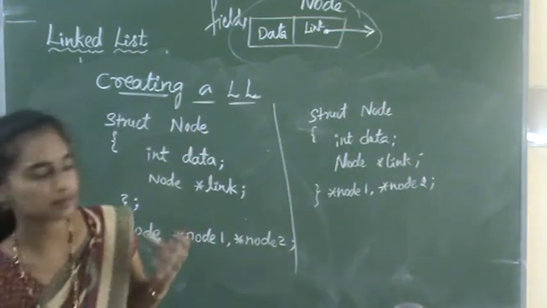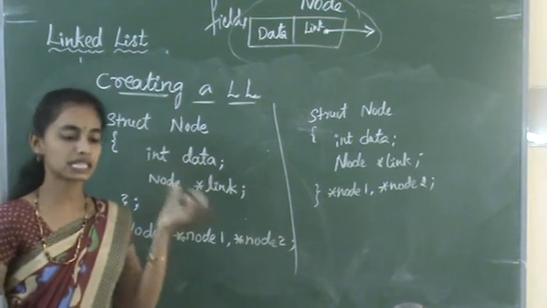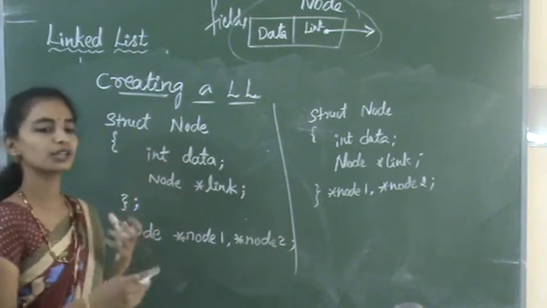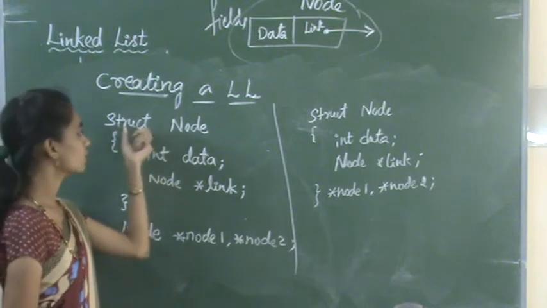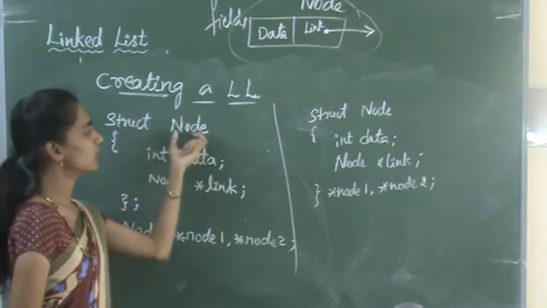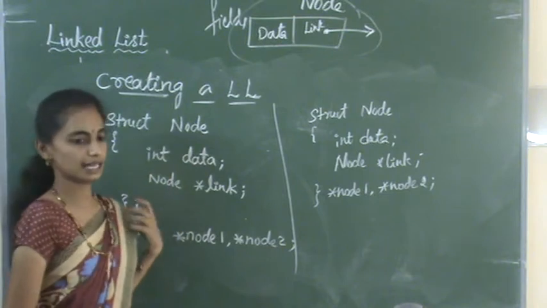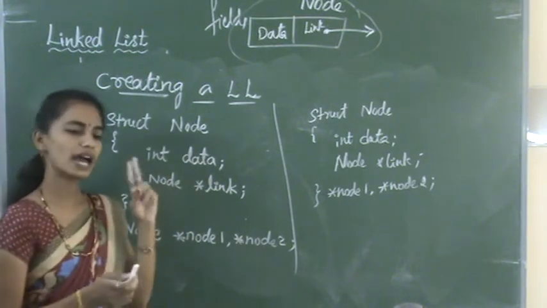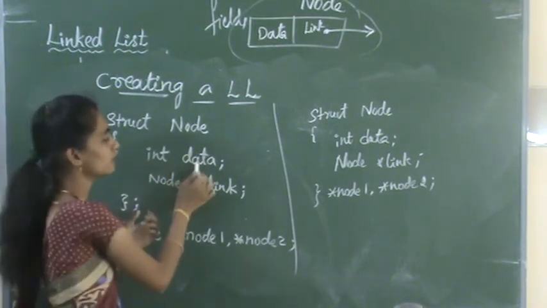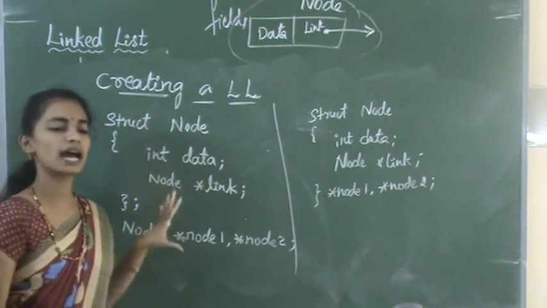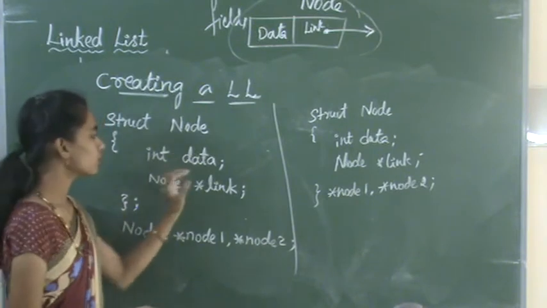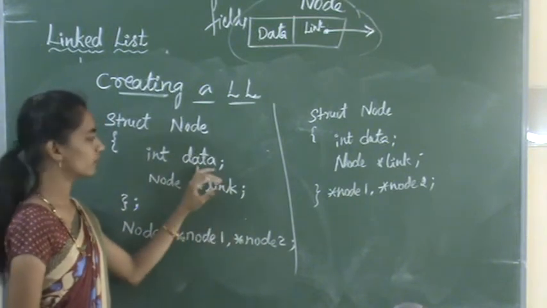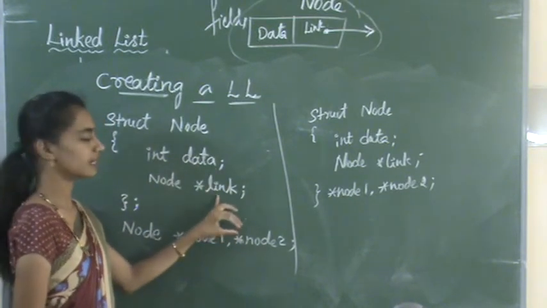To create this linked list we are using a structure. If we are using a structure, we have to use the keyword struct. With the help of this struct keyword we are creating the linked list. In this we have two fields, and I am performing these operations only for the singly linked list. One is the data field, another one is the link field.